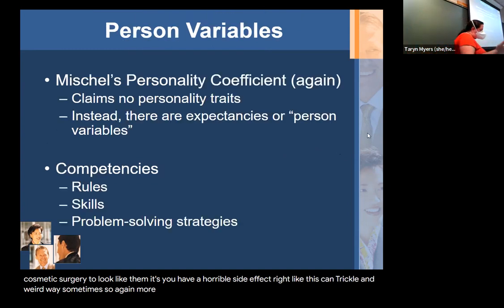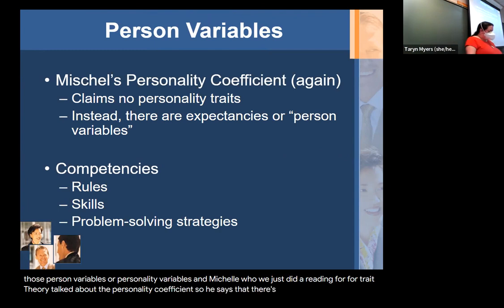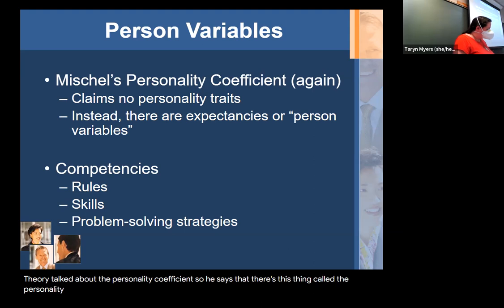So again, one of the things that is most important within this model is those P, those person variables or personality variables. And Mischel, who we just did a reading for trait theory, talked about the personality coefficient. He says there's this thing called the personality coefficient, but it's small. It's like a 0.4 correlation.